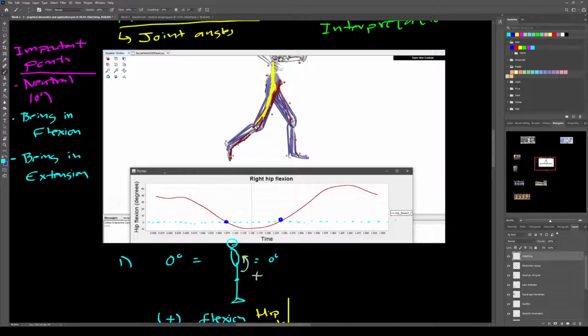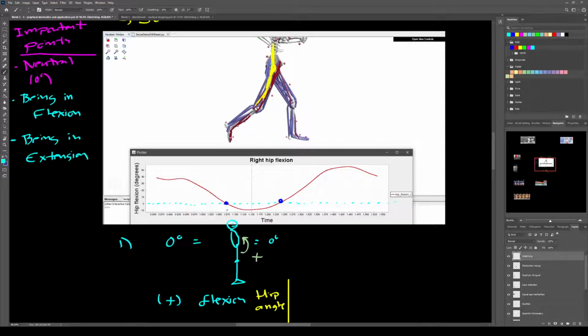That means our hip is in a position that is in the direction of flexion, meaning positive, right? Because that's how we defined our joint convention. So anytime this curve is above 0, meaning anytime it's in this area of the plot, then our hip position is in flexion. So this whole time we are in hip flexion, and this whole time we're in hip flexion.